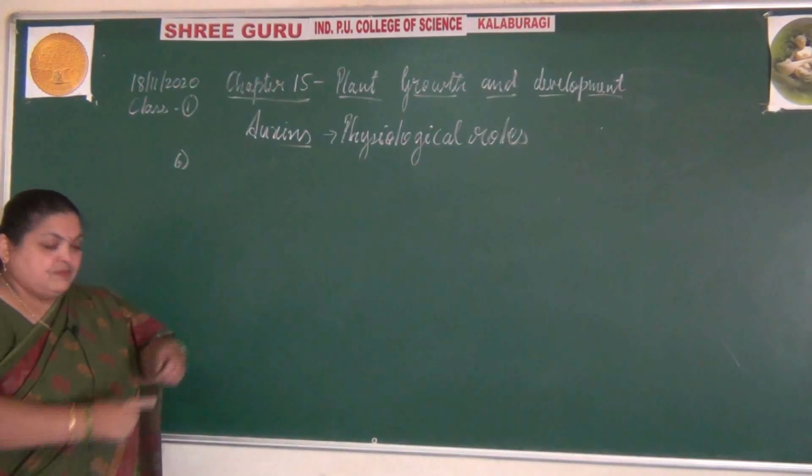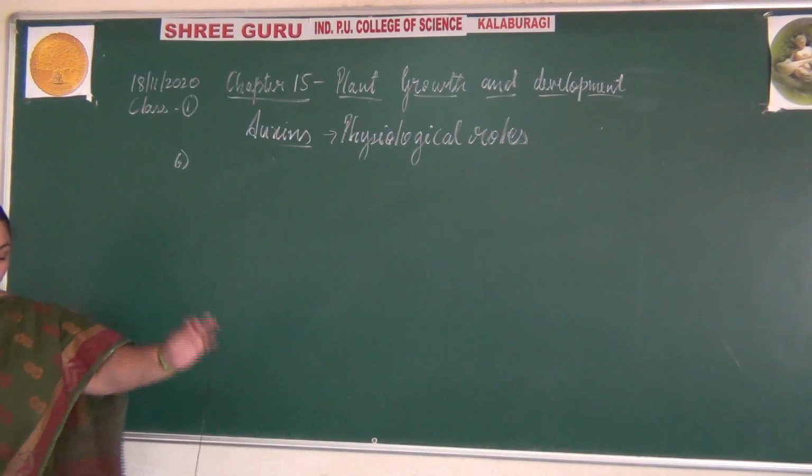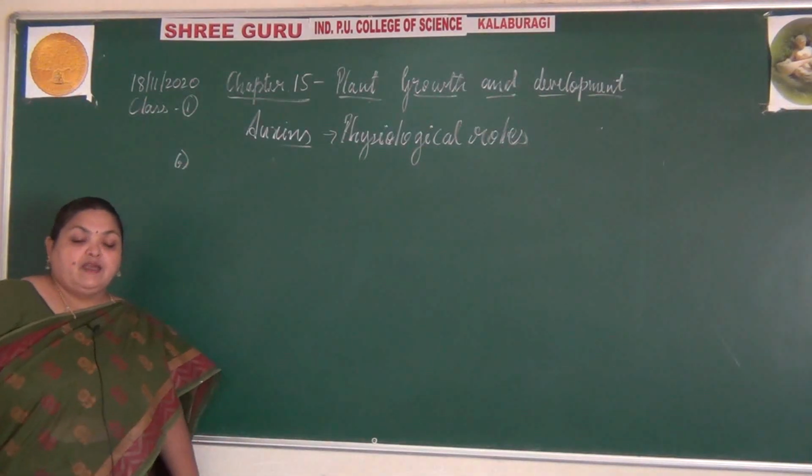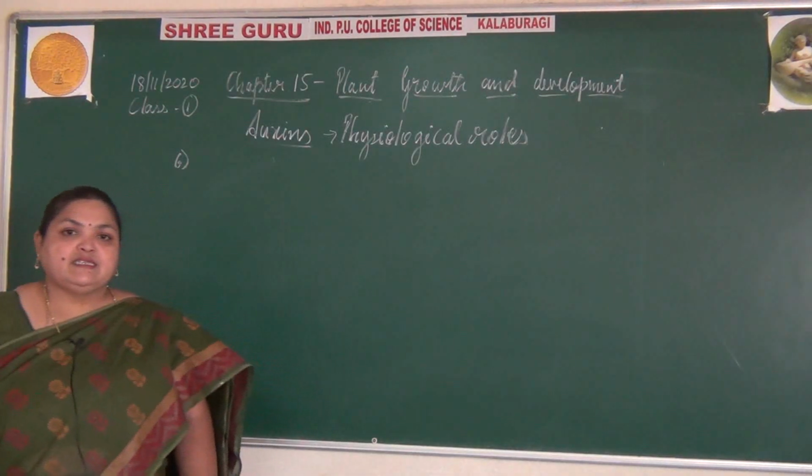In some groups of plants there are auxins that are known, like indole acetic acid, indole butyric acid and naphthalene acetic acid.